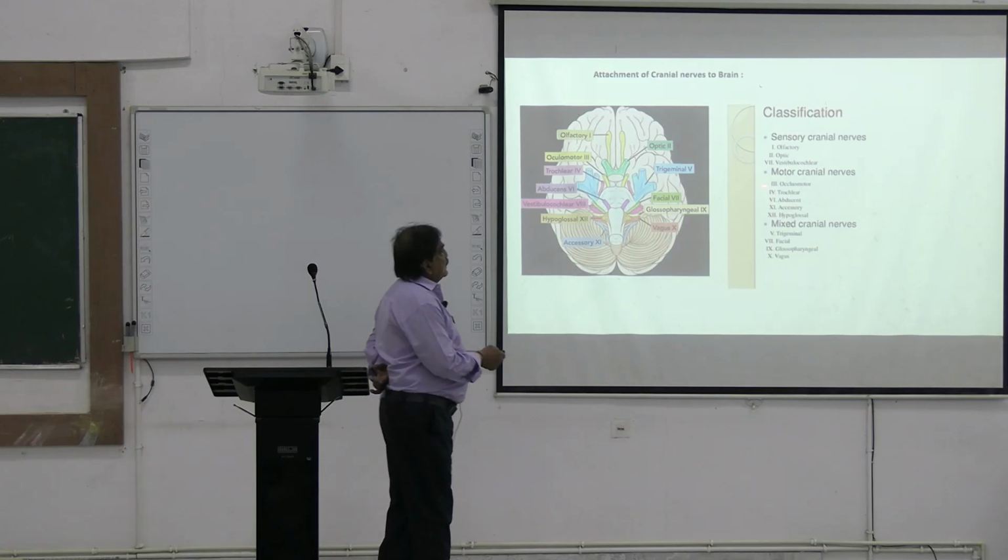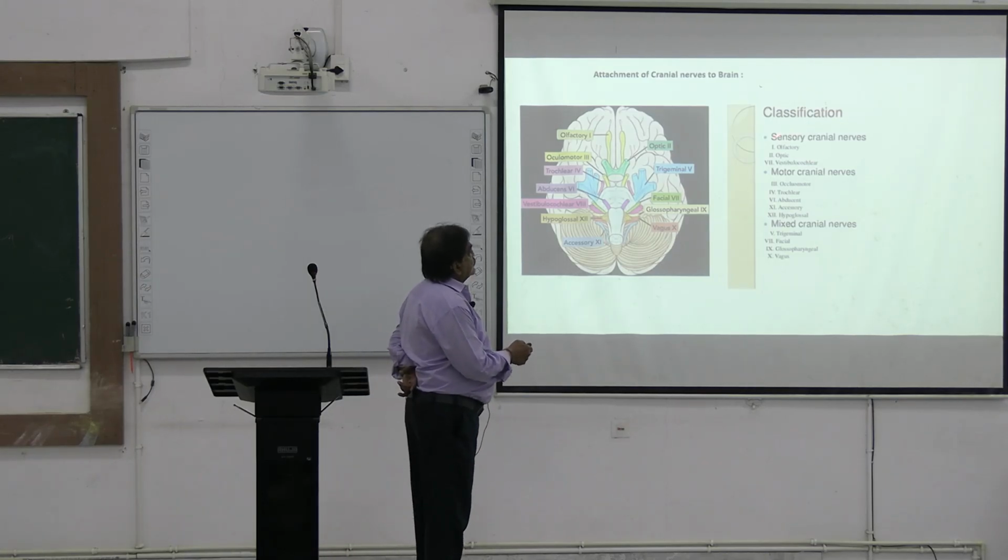Now, sensory cranial nerves: olfactory, optic, and vestibulocochlear. Motor cranial nerves: oculomotor, trochlear, abducent, accessory, hypoglossal. Mixed cranial nerves: trigeminal, facial, glossopharyngeal, vagus.